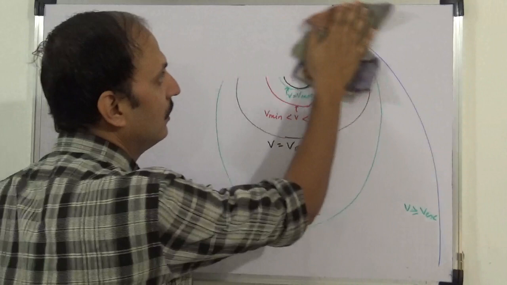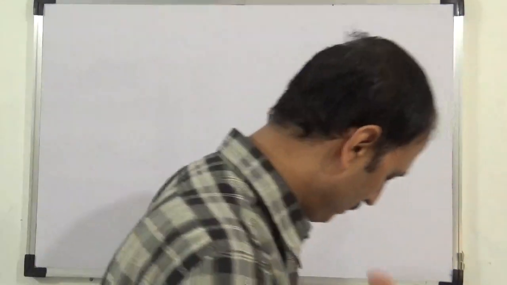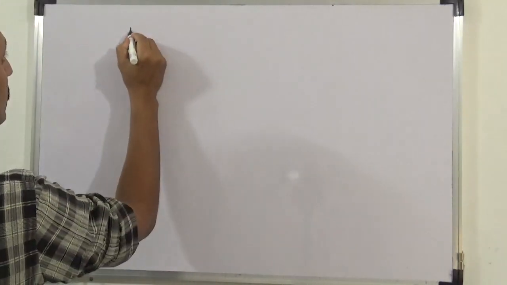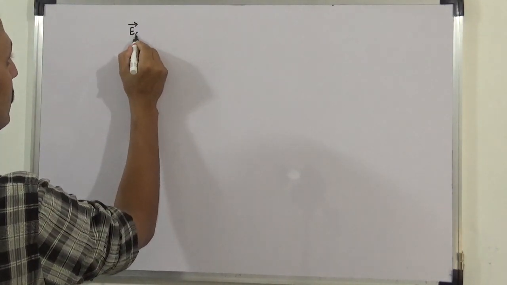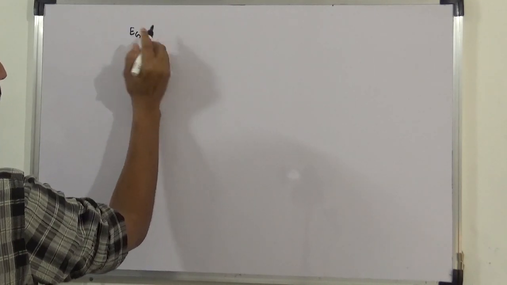Now after this, some important parts we have already done. If I recombine the gravitational field, Eg can be written in terms of gravitational potential Vg.